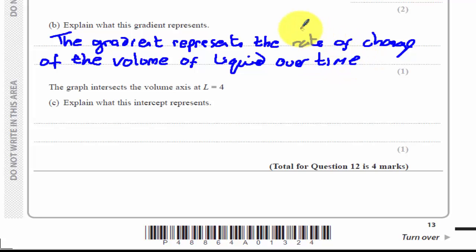It's really important to have that phrase, the rate of change.